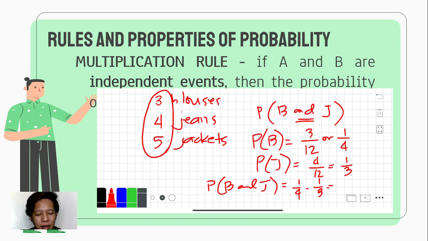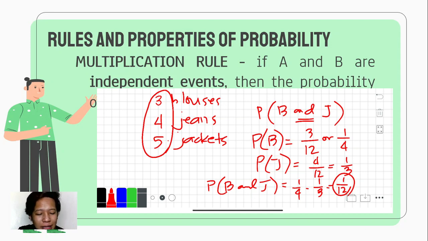So that would be 1 over 12. So this would be the probability of getting that event. Okay, so that is given if your events are independent. Okay, independent event. Ibig sabihin, pwedeng mangyari yung isa kahit hindi nangyayari yung isa.